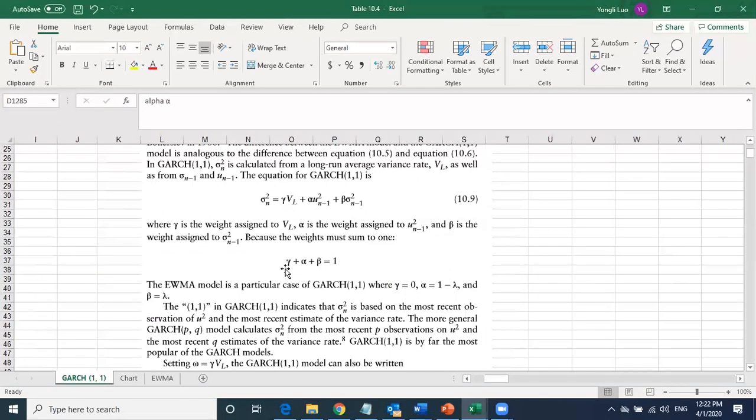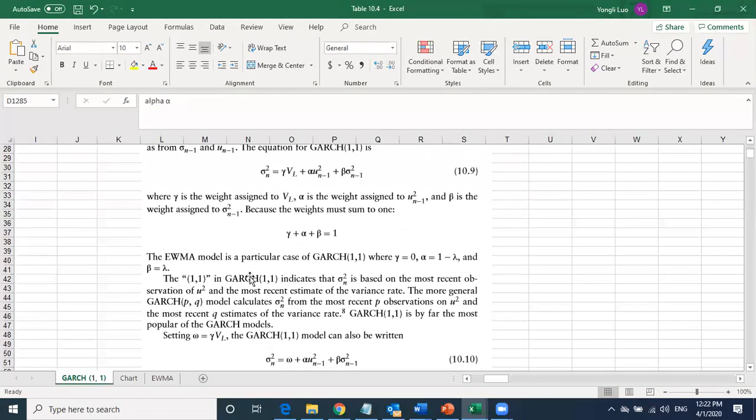We have the alpha and the beta right there, and the gamma is 1 minus alpha minus beta. So you can see the gamma is basically the coefficient, or the weight, assigned to the long run variance. This is the long run variance.